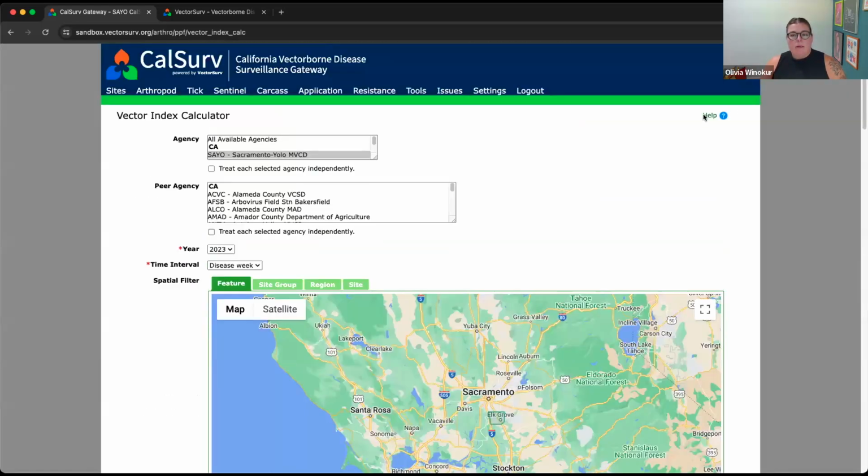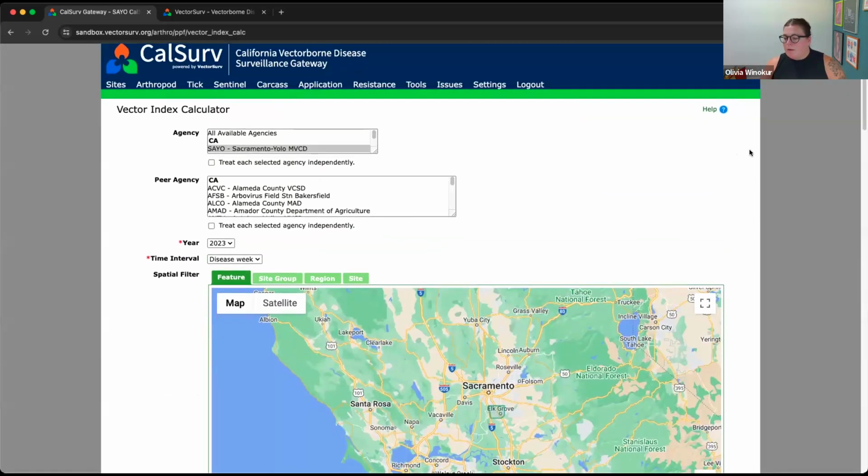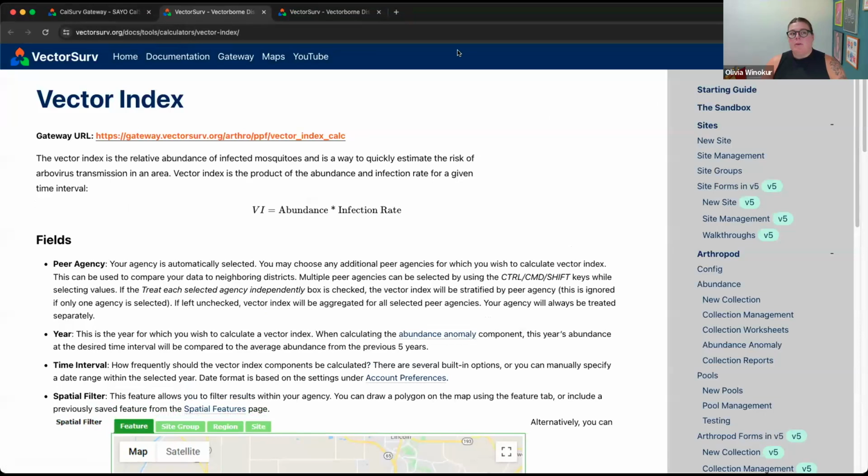One thing I want to point out is if at any point you're confused by how to use any of these calculators or what the output means, when you see that number 400 and you're like, I don't remember, that's 400 mosquitoes per 1,000 per trap night. All of the calculators have this little help icon at the top right. When you click that, it'll take you to the VectorServe documentation for that specific calculator.